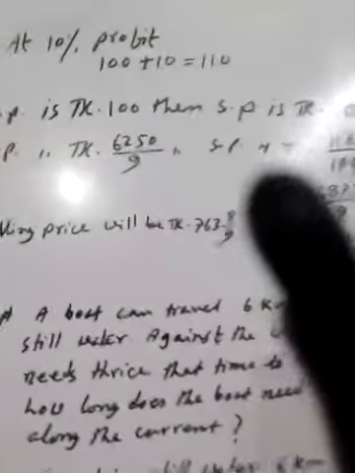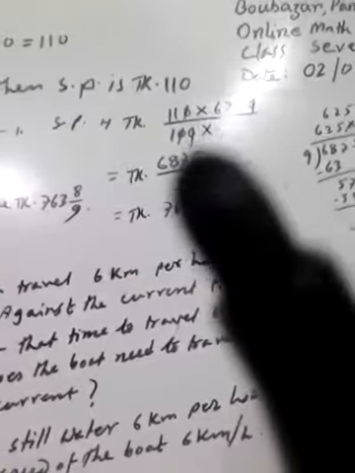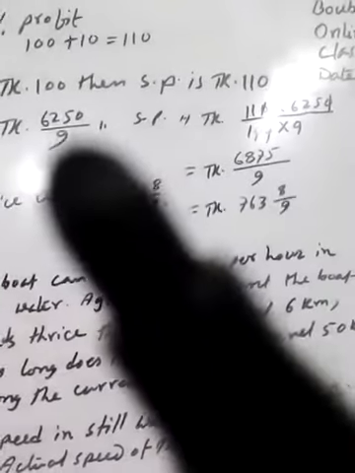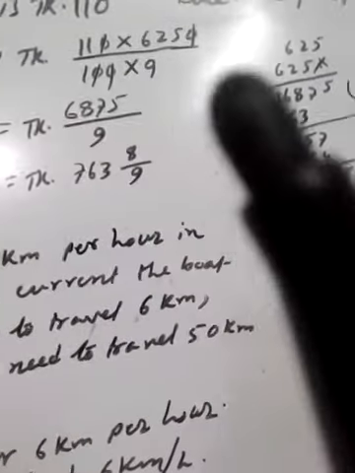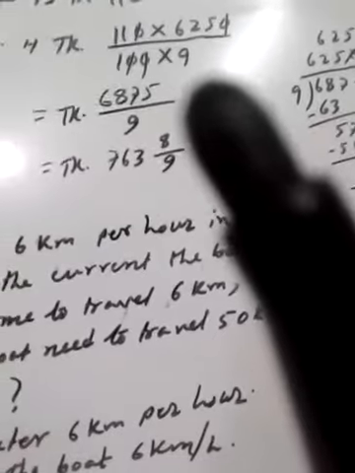We have to find out the selling price. If the cost price is 100 taka, the selling price is 110. If the cost price is 1, the selling price is 110 by 100. If the cost price is 6250 by 9, the selling price will be 110 by 100 times 6250 by 9.